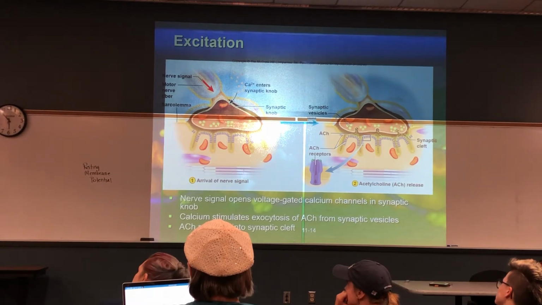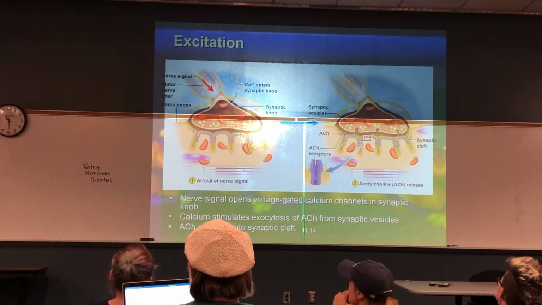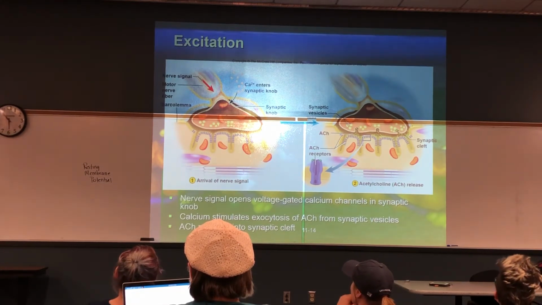Now, remember, a gated channel stays closed unless something triggers it to open. The channels that are in the knob are called voltage-gated channels, which means they stay closed unless they get zapped. And that's what this arrow indicates, an electrical zap.